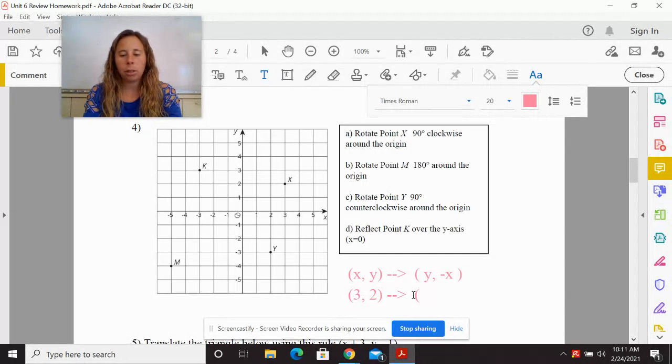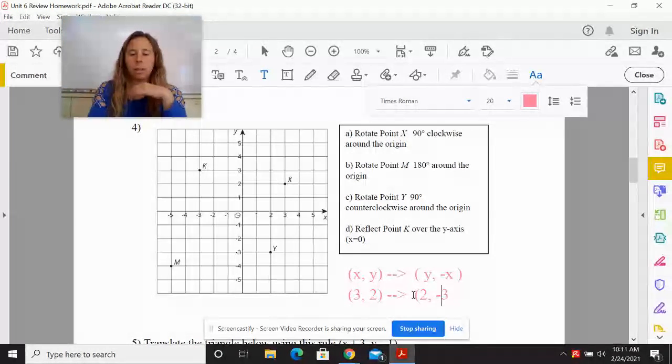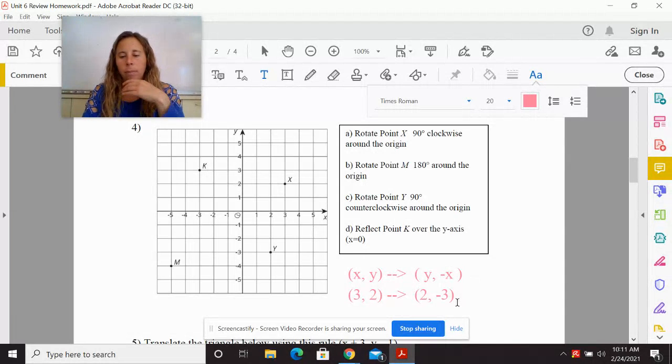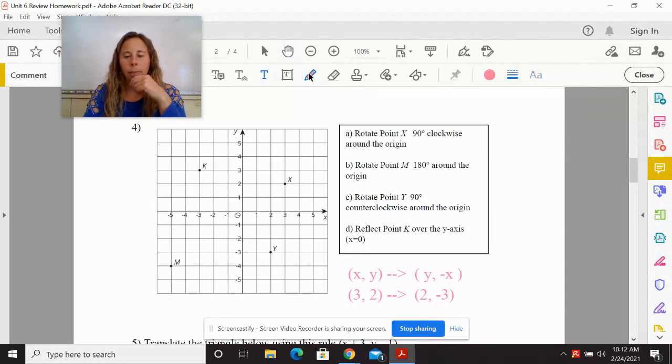So I get 2, 3, and then this one's negative. See how that matches? So now here's my Y value, and then my X value is now negative. So clockwise, switch, make your back one negative. So then 2, negative 3 is my new point.